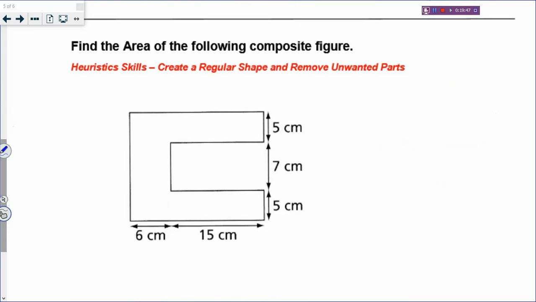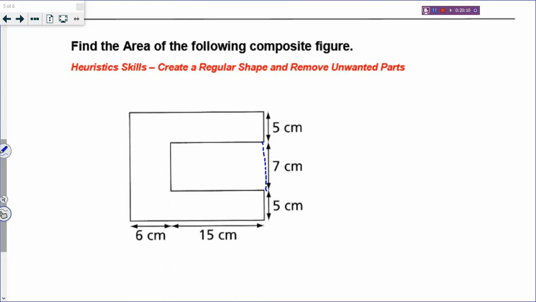So besides cutting or breaking into regular shapes, I can also create a rectangle or a square, and then I take out those parts that I don't want. So if you look at this composite figure, can I create it into a rectangle? Yes, I can. And I would like to draw a dotted line to create a rectangle. Then what do I do?